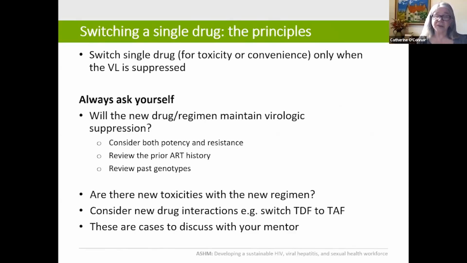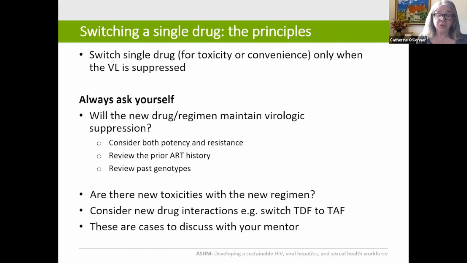So if we're going to talk about switching to a single drug, we need to only be considering switching for toxicity, convenience, or expense in some situations where people are paying for 2 drugs and they only want to pay for one. We only need to be considering switching when the viral load is suppressed.